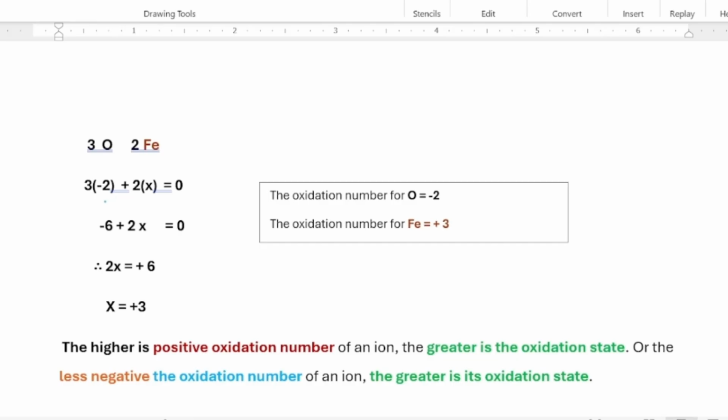We know the oxidation number for oxygen is -2, so doing the math here, we end up with -6 + 2x = 0. Therefore, 2x must be equal to +6 when you take across the -6 to that side, and x must be +3. So the oxidation number for iron in iron(III) oxide is +3.